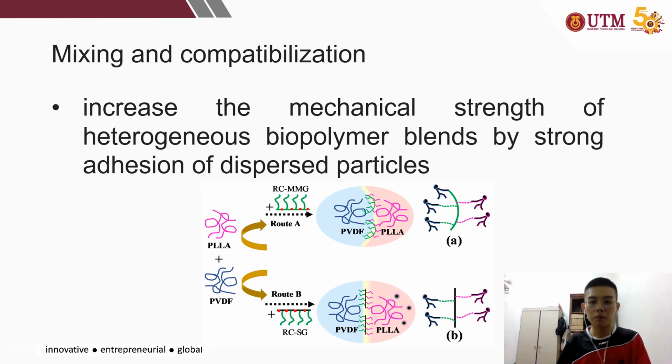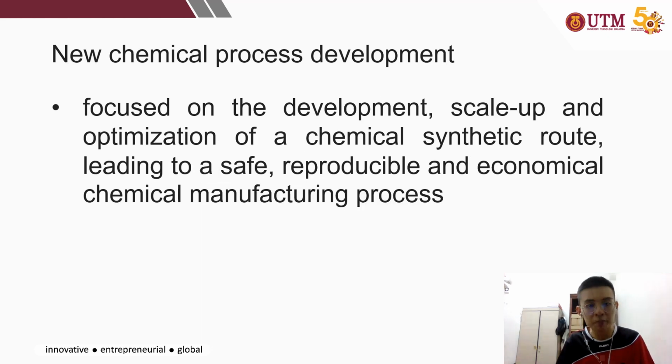After that, mixing and compatibilization. It increases the mechanical strength of heterogeneous polymer blends by strong adhesion of dispersed particles. Heterogeneous means two different types of polymers. So it lets two different types of polymers blend together to become something better.